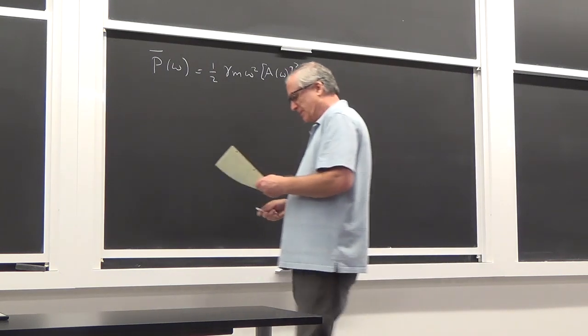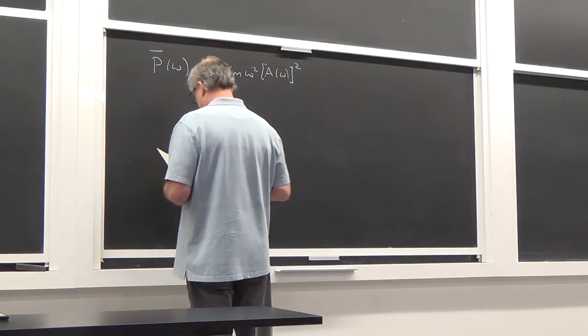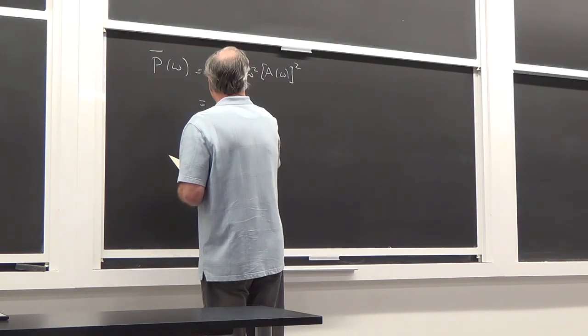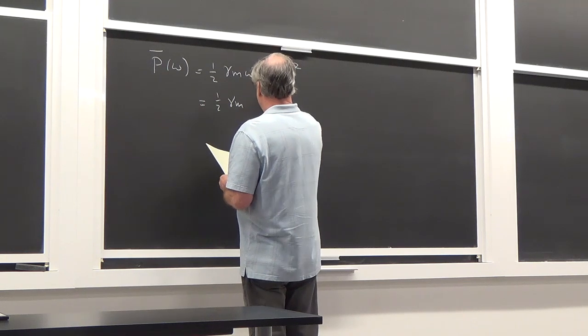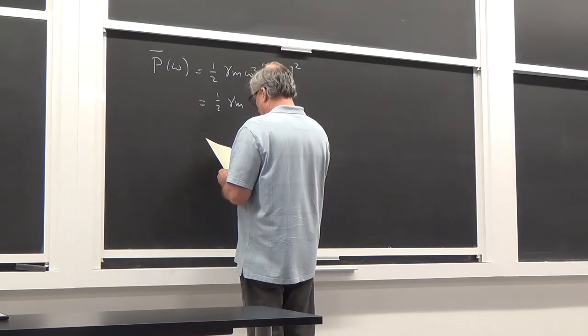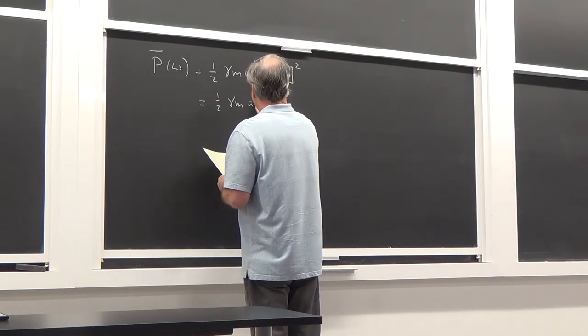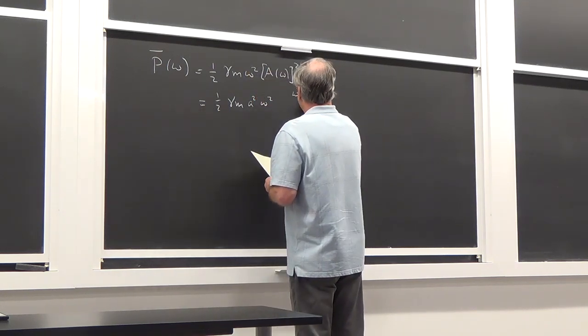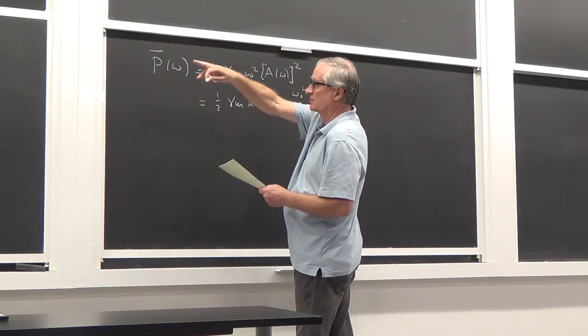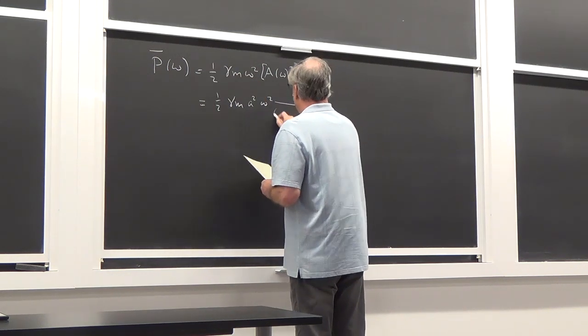Okay, so let's look at this a little bit, just to try to understand it a little better. So let's plug in what A is. E squared omega squared, and then this is i squared. So I'm just squaring the expression over there.